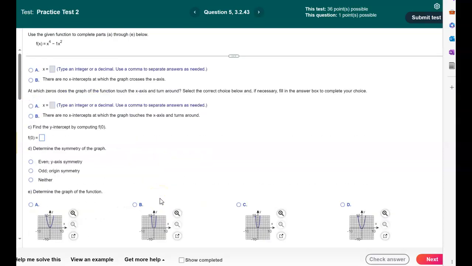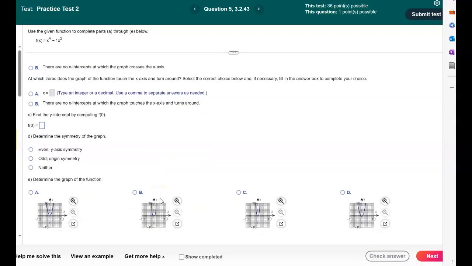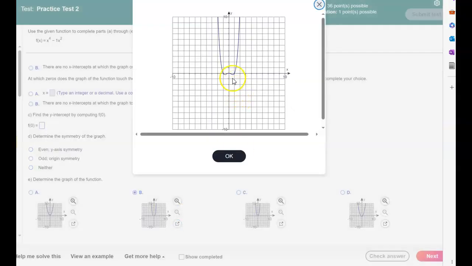And we also have the x-intercepts, which are 0, negative 1, and 1. So looking at the end behavior, all of these could be a possible graph. Now let's look at the zeros. You can enlarge the graph here and expand that out to see if that's correct.